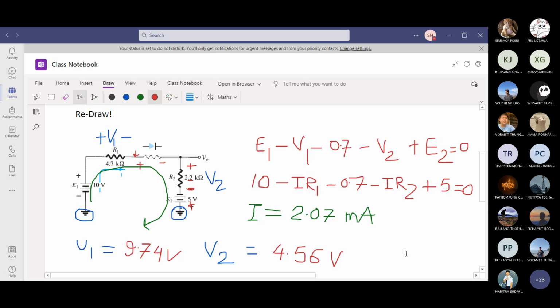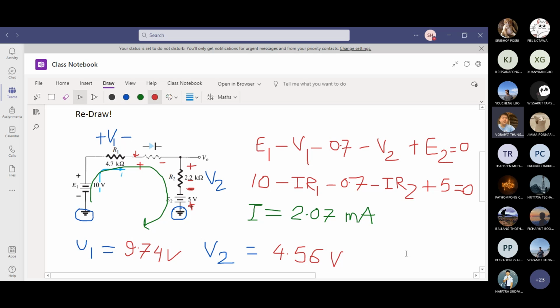Silicon and Yu Cheng, are you done? Has anyone else calculated V1 and V2?